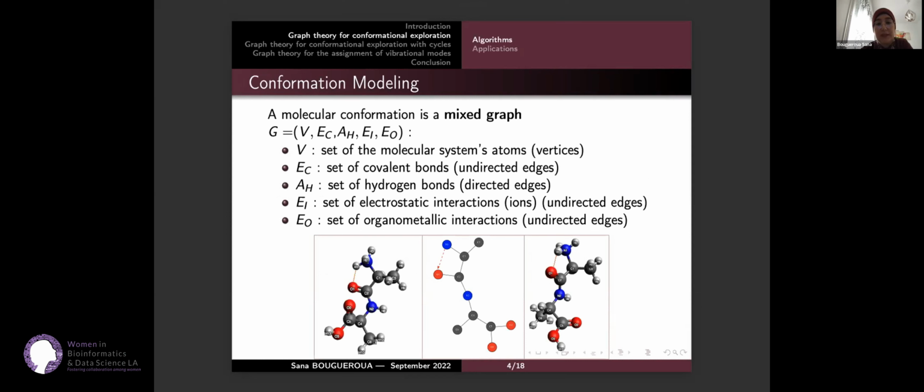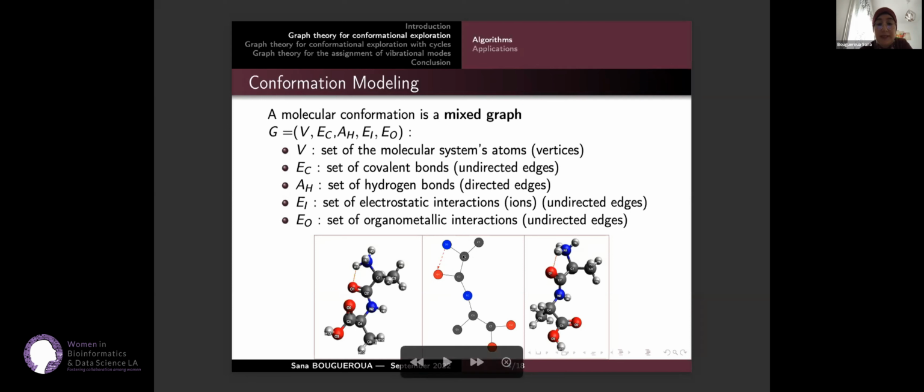The vertices represent the atoms of the system, as I show here in the middle. We use a colored graph where the color represents the chemical type of the atoms. For example, blue for nitrogen, gray for carbon atoms, and red for oxygen atoms.